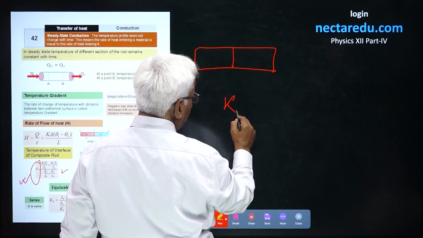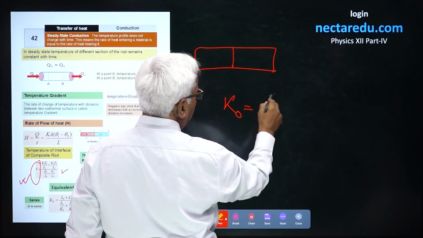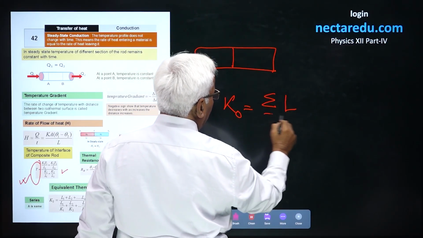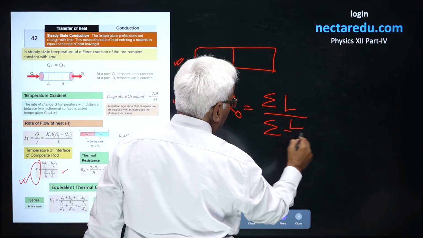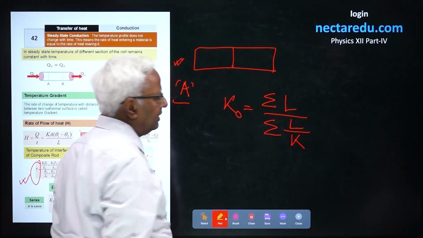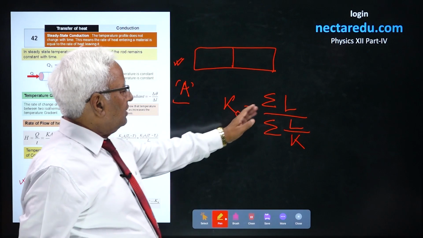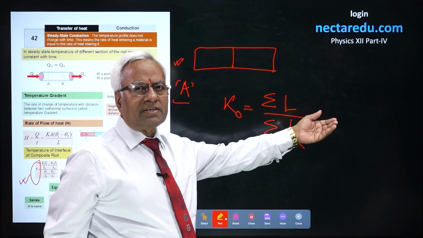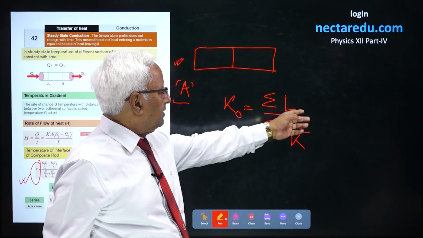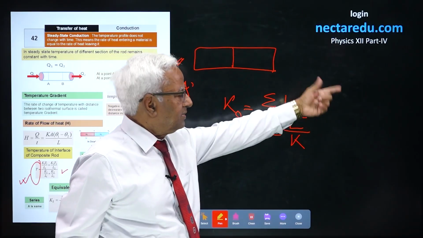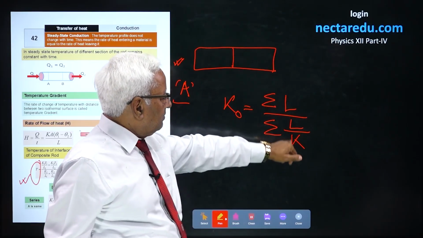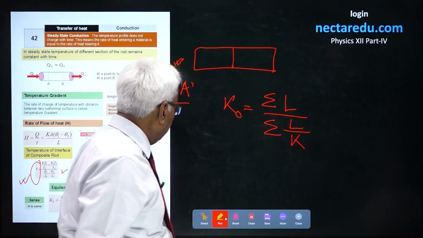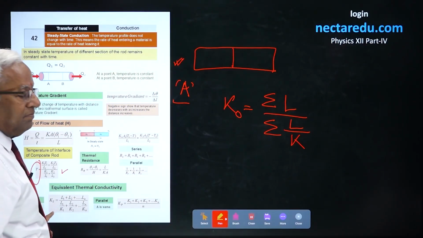In that case, the equivalent thermal conductivity is going to be sigma L upon sigma L upon K. It is irrespective of the number of conductors. You might use any number of conductors, L1 plus L2 plus L3 and so on. Here also L1 upon K1, L2 upon K2, that is given here exactly.